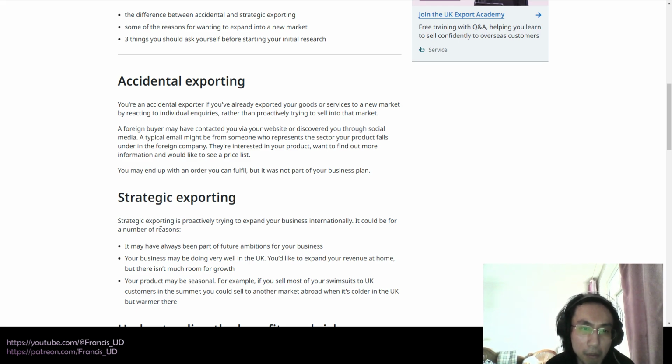A typical email might be from someone who represents the sector your product falls under in the foreign company. They are interested in your product, want to find out more information, and would like to see a price list. You may end up with an order you can fulfill, but it was not part of your business plan.